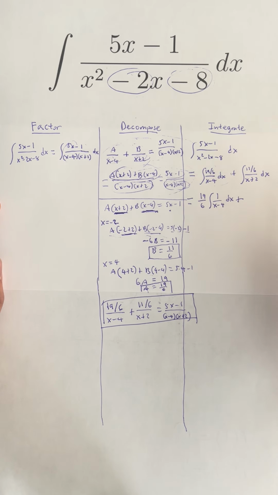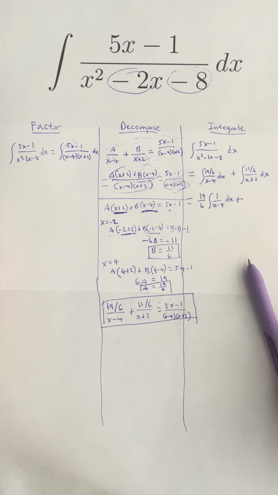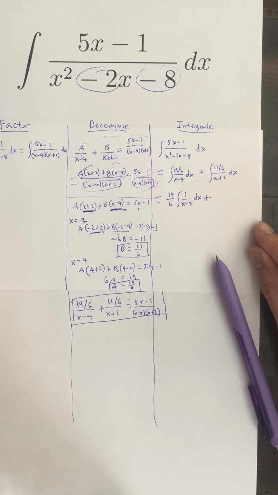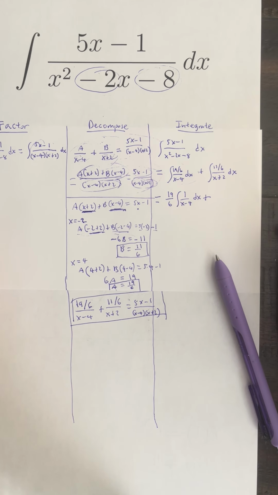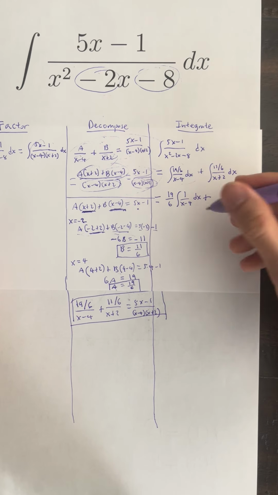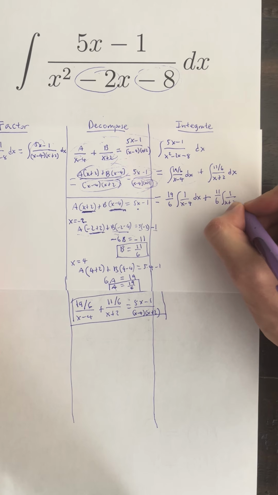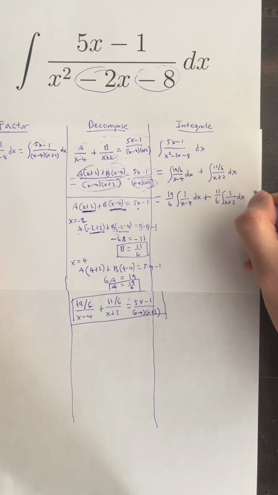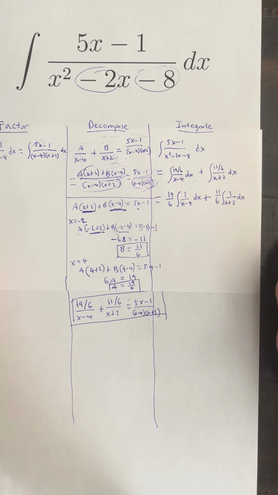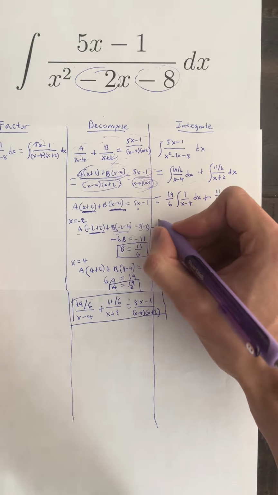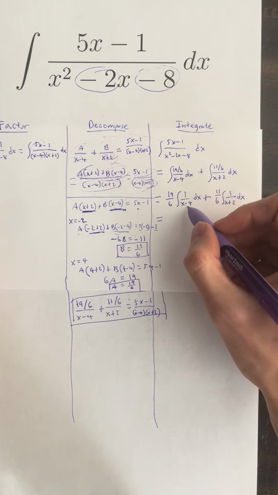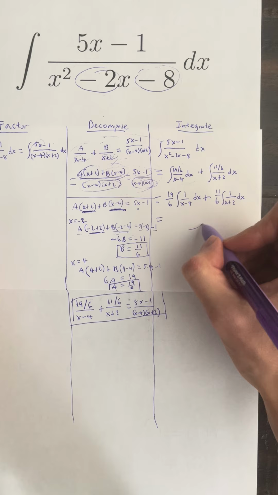What should go here? (11/6) times the integral of 1/x plus 2 with respect to x. Okay. So what should I put over here?